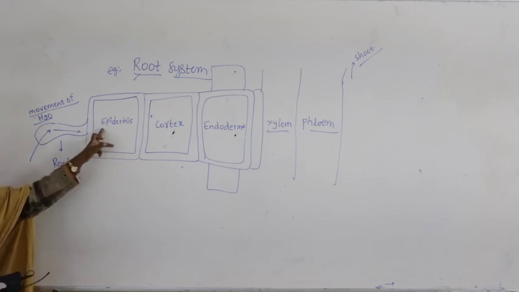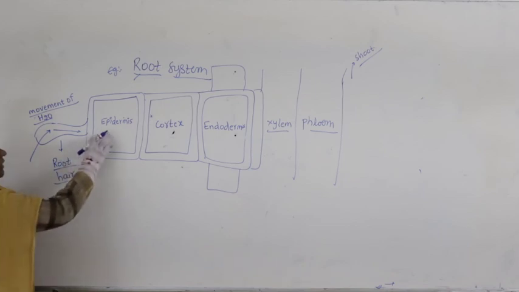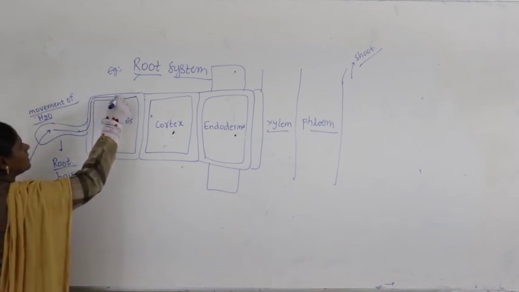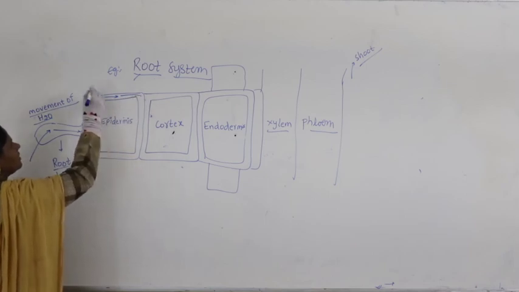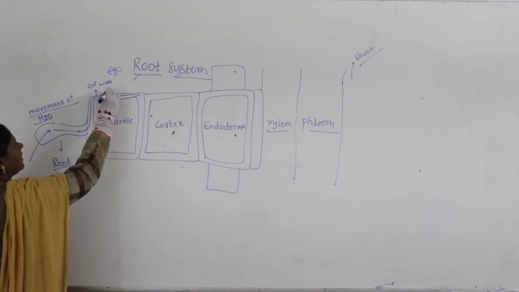Now from the root hair, it enters into the cell called epidermis. When it enters the epidermis, it does not enter the cell, it moves across the cell walls. This is the cell wall and this is the cell membrane.